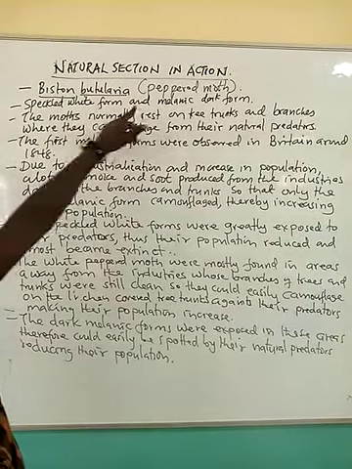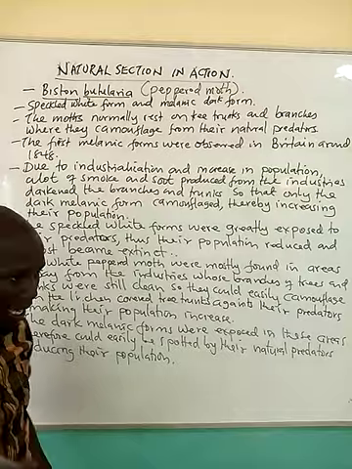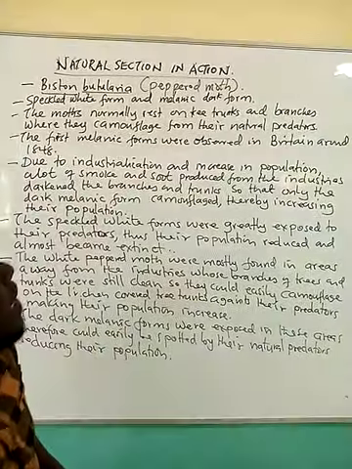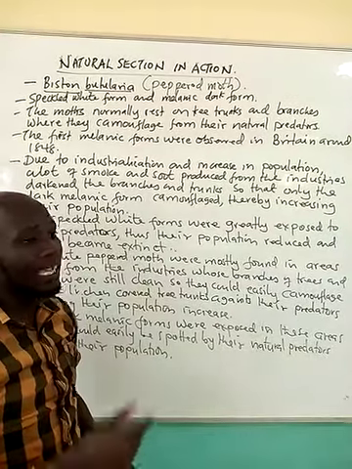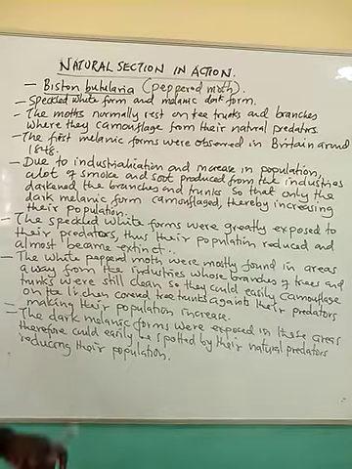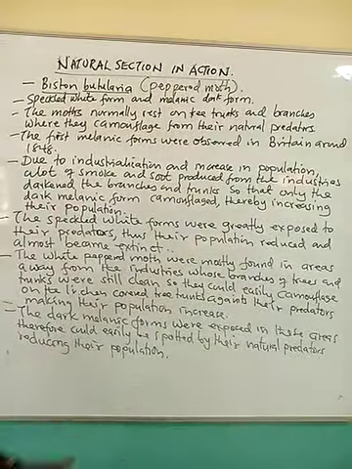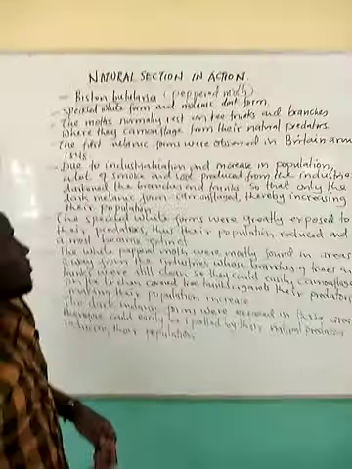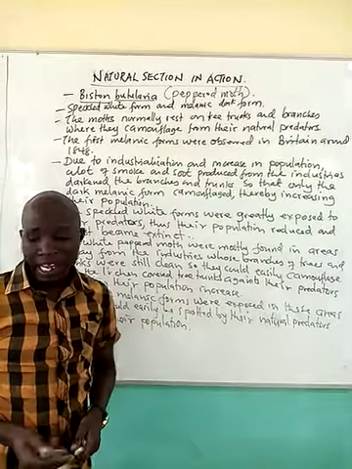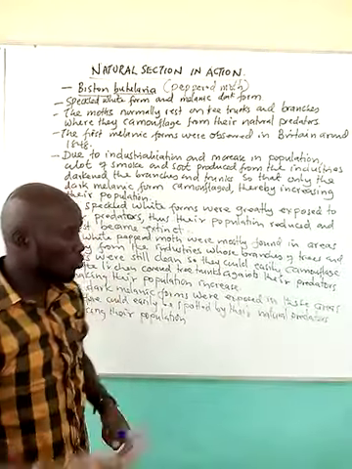The speckled white form occurred in areas that were not industrialized, while the dark melanic forms occurred in areas that were industrialized. Taking, for example, agrarian revolution, that is agriculture in Mesopotamia, there was development of many industries. These many industries were then put in certain areas, and they were able to produce smoke and soot.